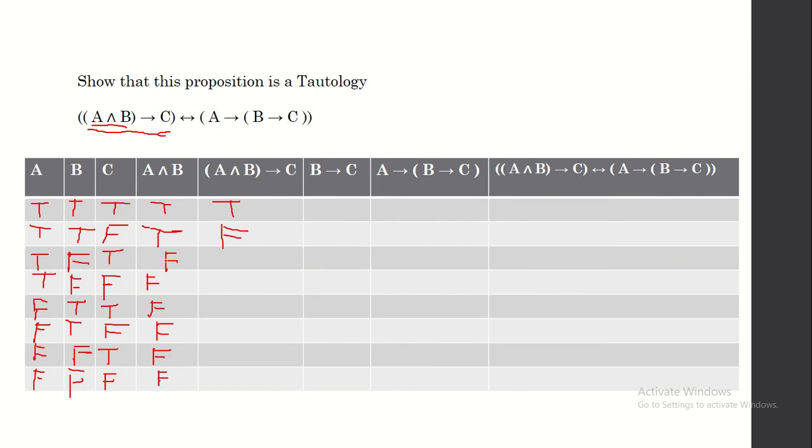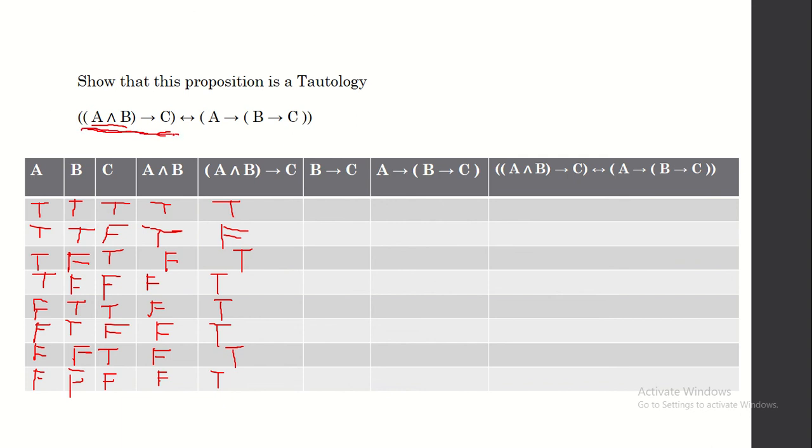Then for these six inputs, A and B is false, so this will be automatically true. You can check the truth tables for implications or conditional statements to understand why for all these false values it's true.